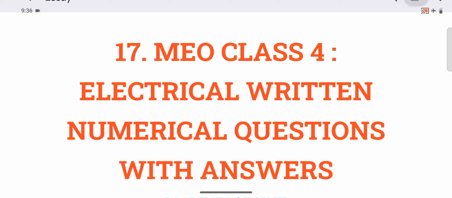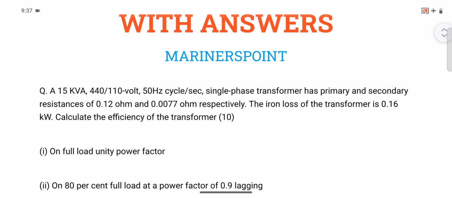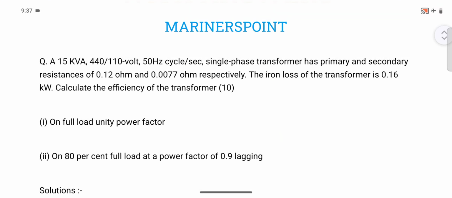We are going to discuss MEO Class 4 Electrical Written Numerical Questions. So coming to the question, we have a 15 kilovolt ampere, 440/110 volt, 50 hertz (cycles per second) single phase transformer that has primary and secondary resistance of 0.12 ohm and 0.0077 ohm.